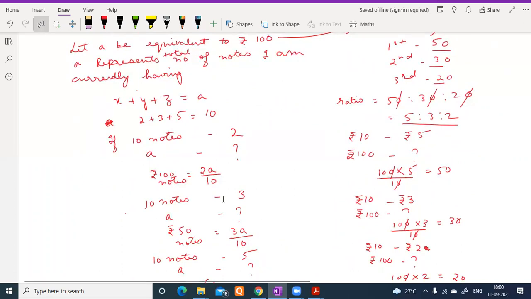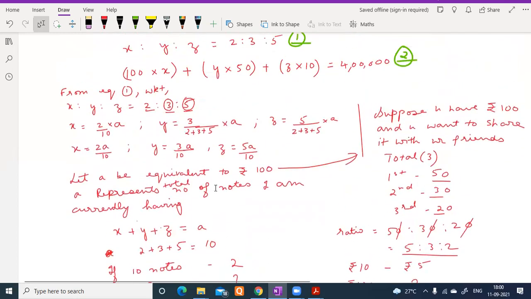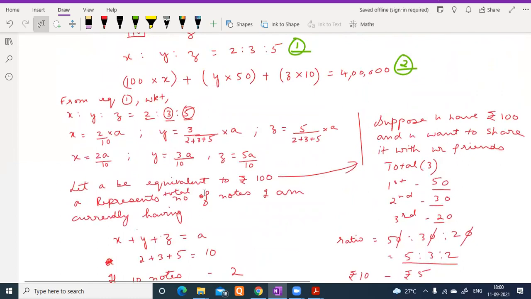Why are we converting it into a single variable? Because we need to solve the equation from which we can find our answer. That's as simple as that. Because we have only one equation and we can solve only one variable. As you know, however many variables you have, that many equations you must have. Here, the first one is not considered an equation as such.